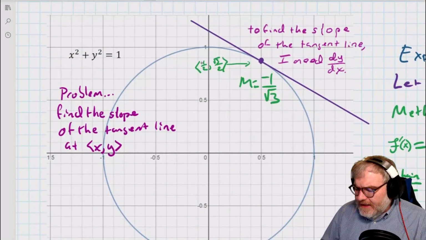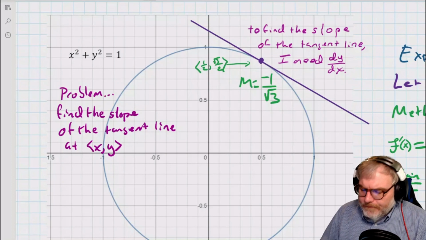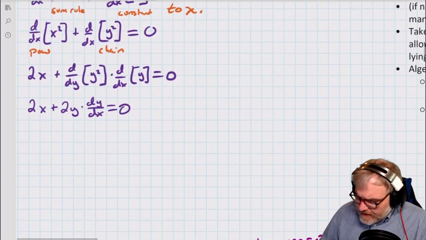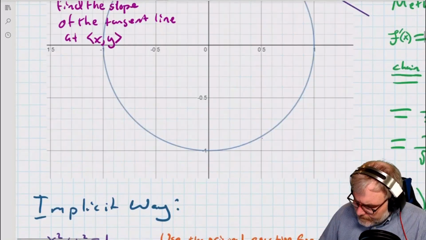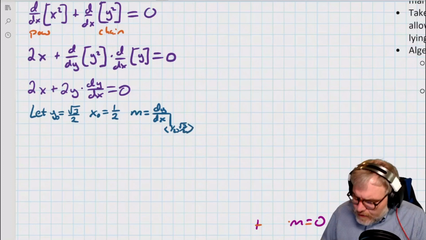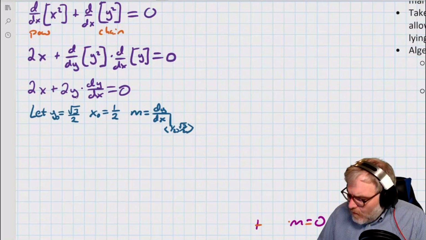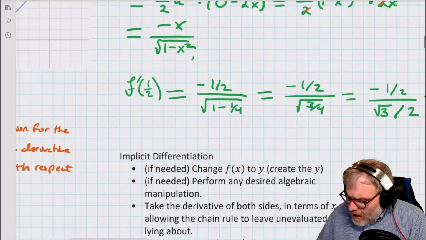All I want is the slope of the line tangent to the point 1/2, square root of 3 over 2. So what I'm going to do is say, okay. Now, notice here I need both the x and the y. So here I have an equation with both an x and a y in it. Over here, I didn't.